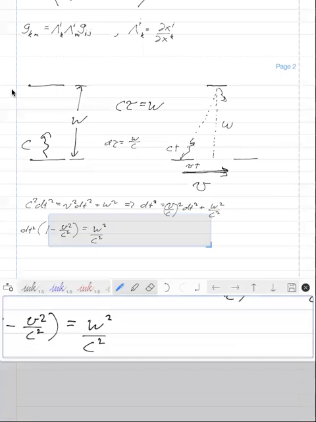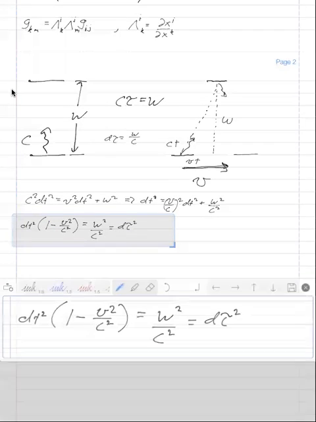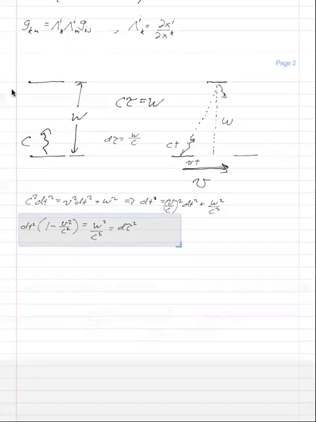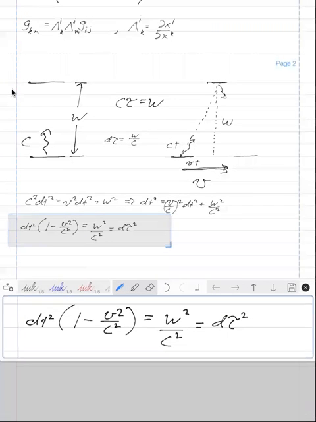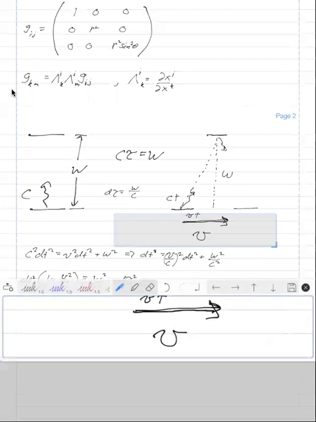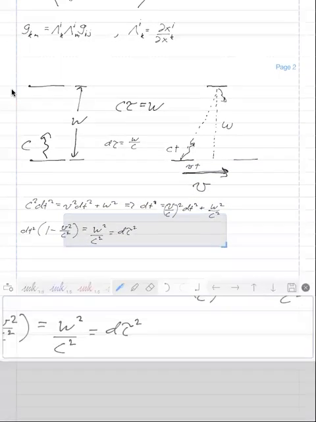That's the time in between the ticks. So this is equal to d tau squared, where that's the time as observed by the observer at rest, and dt is the time observed by the observer who's not at rest with respect to the clock.